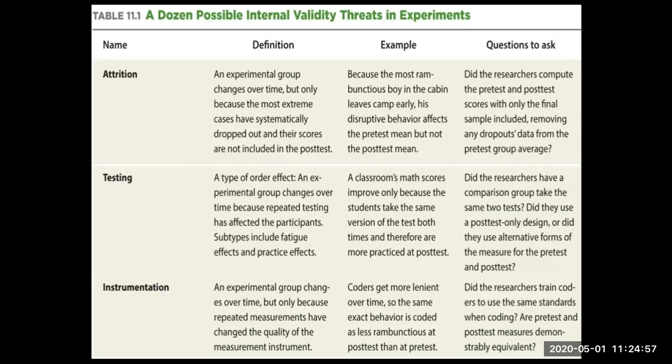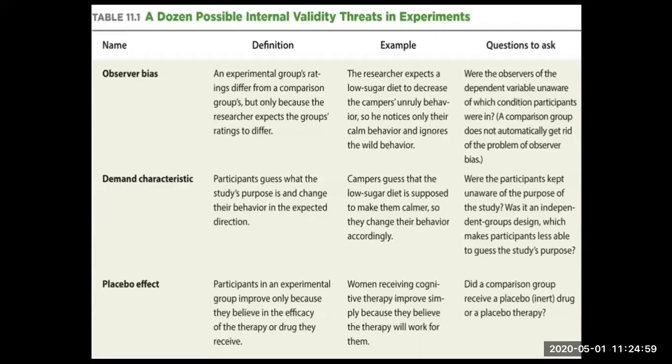A lot of these, then we have the last three. We have observer bias, where the observer or the researcher or research assistant accidentally gives away something and is biased towards the way that they count something, which could also be an instrumentation problem.